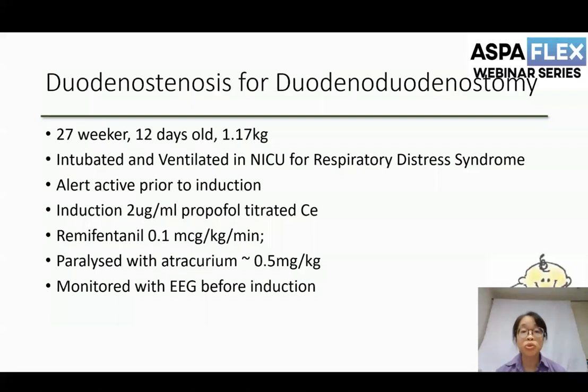So we induced targeting effect site propofol of 2 mics per mil, and Remi of 0.1 mic per kilogram per minute. Then we monitor with EEG, and once we see that there's a lot of burst suppression or reduction in the EEG waveform, then we paralyze with atracurium 0.5 milligram per kilogram.